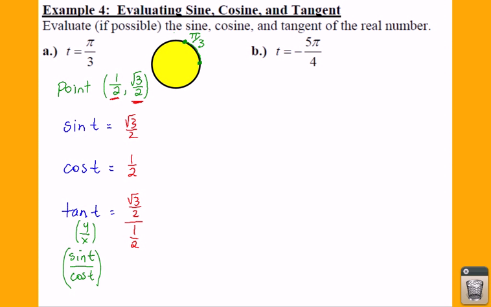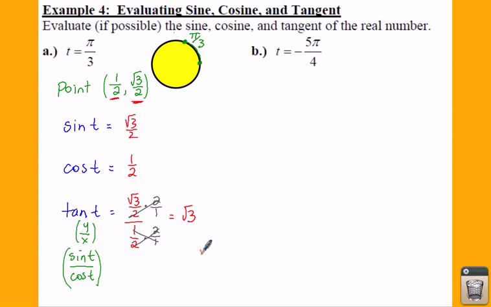To simplify this, you can't have a fraction over a fraction, so multiply top and bottom by the reciprocal of your denominator. Cool part about this, cancel, cancel. You get radical 3 over 1, or just radical 3.